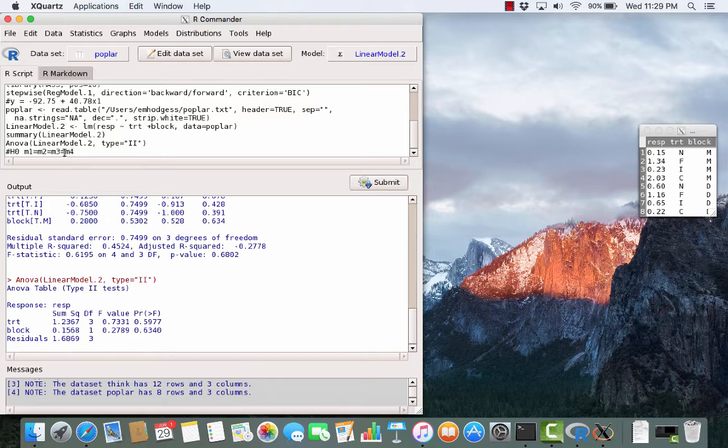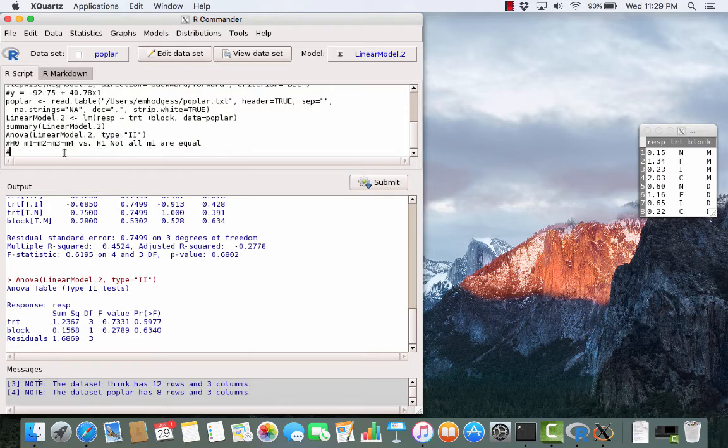That's for my 4 treatments versus not all mu sub i are equal. And you can't do a, whatchamacallit, the test for the difference, the Tukey test on here.